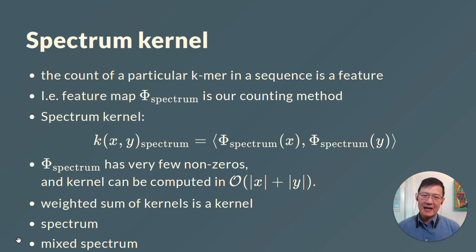This was invented in the early 2000s, 2001, I think, and the realization was that you only need to look at the substrings that occur in both sequences to be able to compute this inner product. So that's the spectrum kernel.